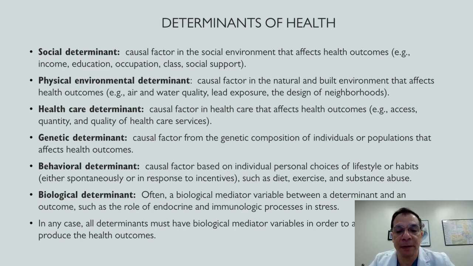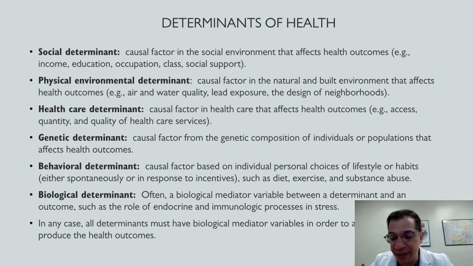But all these determinants of health have to influence, or will influence, health and disease through a biological determinant. It's a biological mediator. For example, the strength of the immune system, how the endocrine system is working, how the nervous system is working, and the age of the person, which makes them more or less susceptible to developing a disease or complications of that disease.